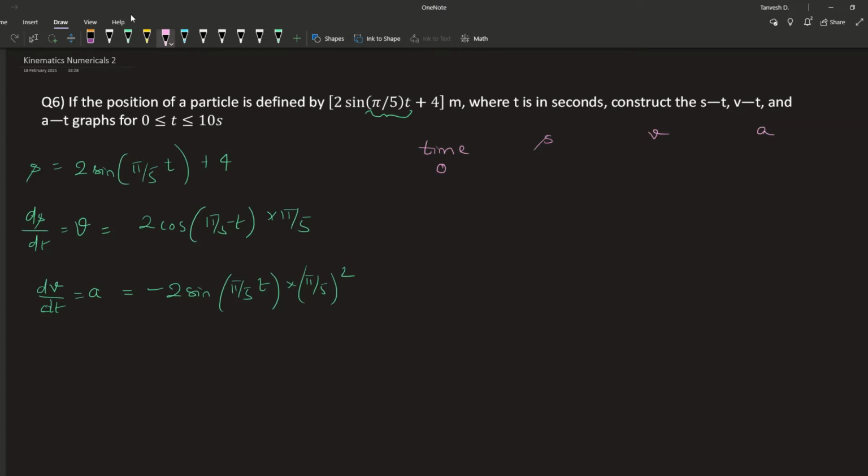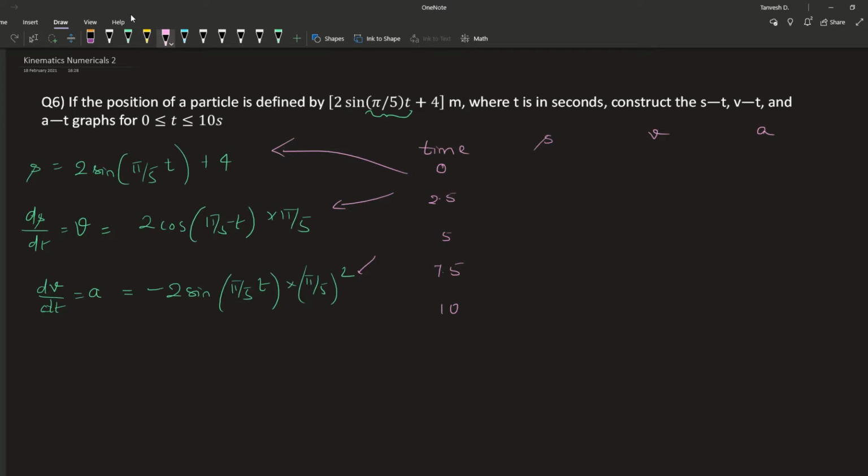However, I will keep here the interval of 2.5 seconds. So 0, 2.5, 5, 7.5 and 10. Okay, so these are the times for which we will be finding our displacement, velocity and acceleration. You just have to substitute this time in these equations. You will get the required quantities.